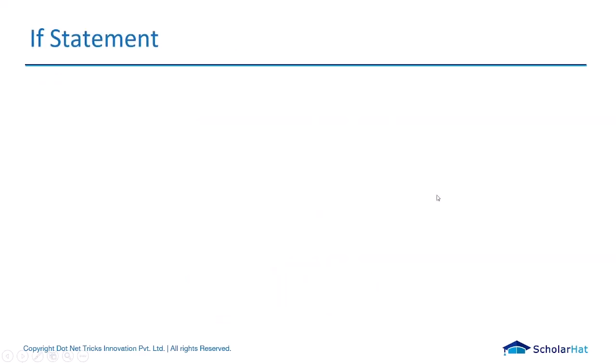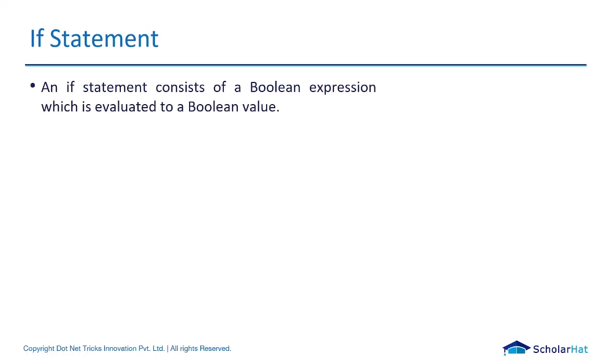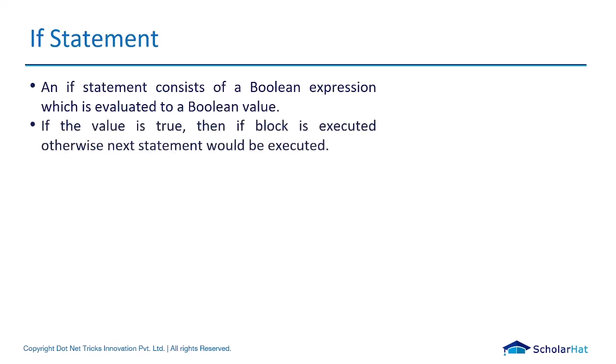Now first thing we're going to talk about is the if statement. What is that if statement? An if statement consists of a boolean expression which is to be evaluated to a boolean value. What it means is that the if block will only be executed when the condition is true, otherwise it will not be executed.